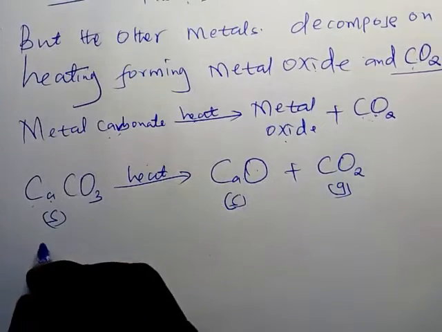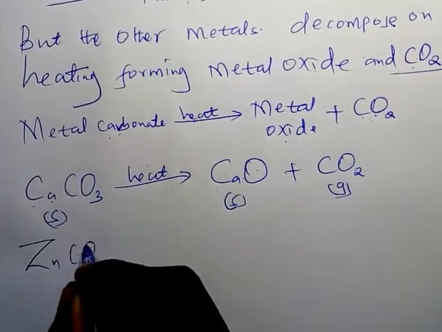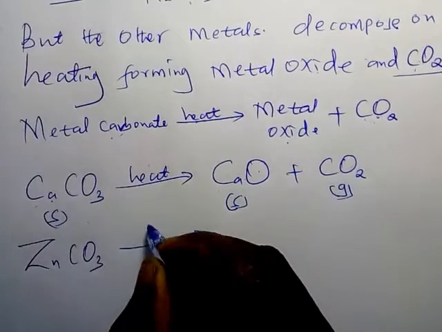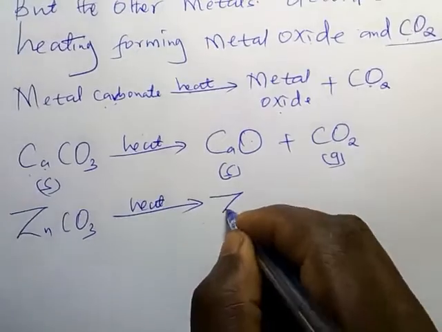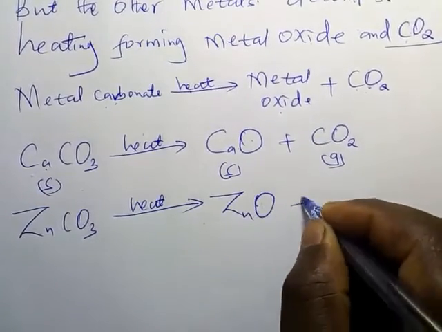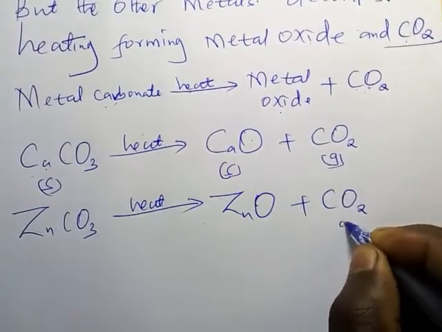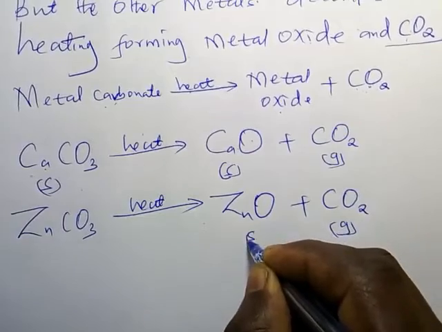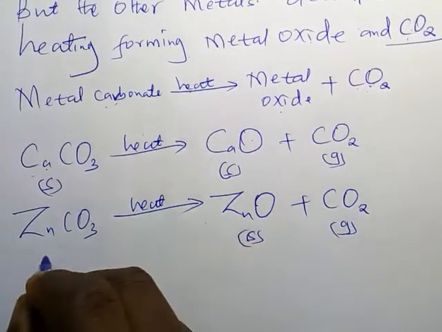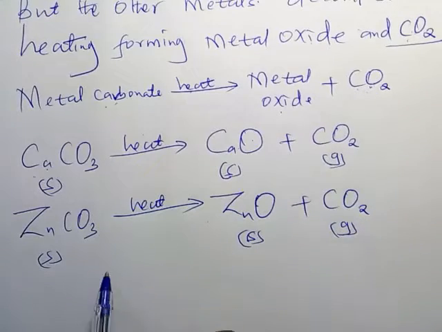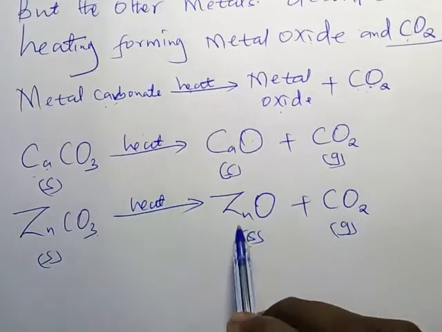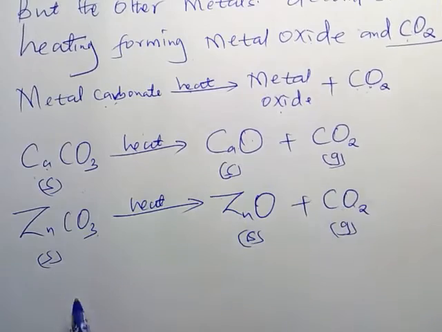So take any example, even if it is zinc carbonate, when you heat, you get zinc oxide plus carbon 4 oxide gas, this one is a solid. So this is the reaction. Most metals react, and these are the products formed when they react.